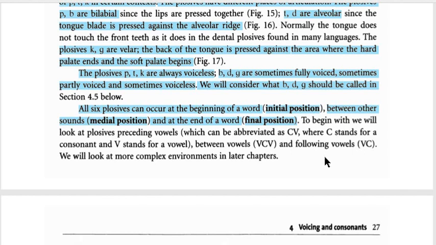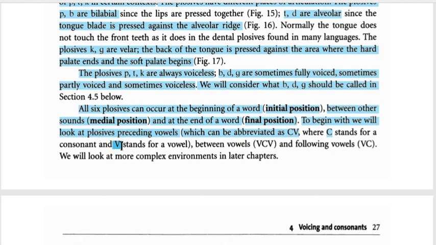But first we need to discuss how we are going to represent them when we are writing. To begin with, we will look at plosives preceding vowels, abbreviated as CV, where C means consonant and V means vowel.